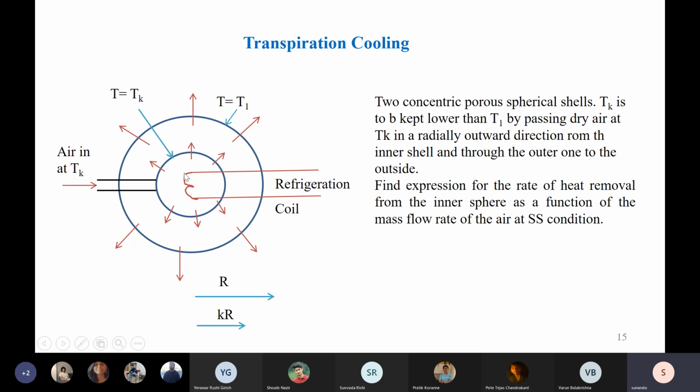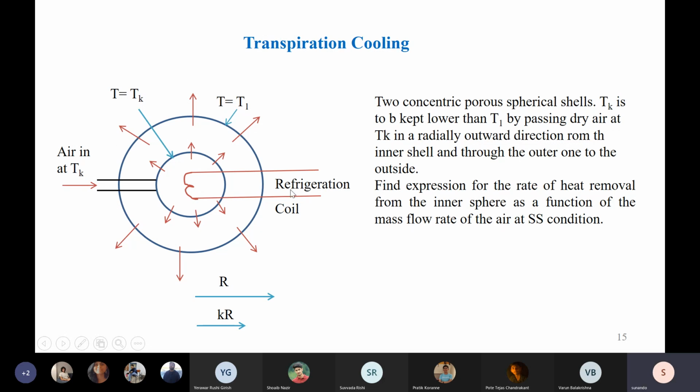There is a refrigeration coil which maintains the temperature of the liquid oxygen at T_k. So a heat transfer engineer suggests that the load on the refrigeration coil can be reduced significantly if we make a situation like this, where air at the same temperature as that of the liquid is made to flow through the pores of the inner sphere, through the intervening space, reaching the outer sphere, and then going out of it.